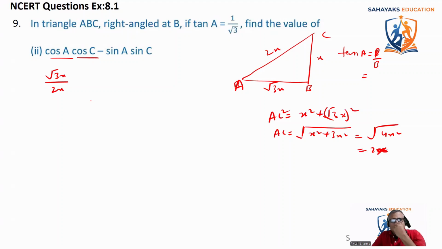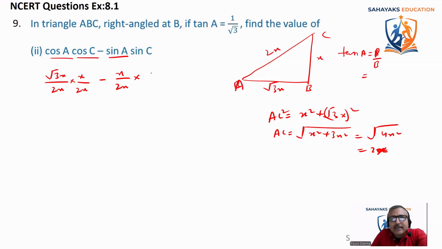And when we're going to talk about cos C, as mentioned earlier, we have to consider the adjacent side, the side x as base. So it will be x divided by 2x minus sine A. When you're talking about sine A, it is perpendicular by hypotenuse. So it just becomes x by 2x.